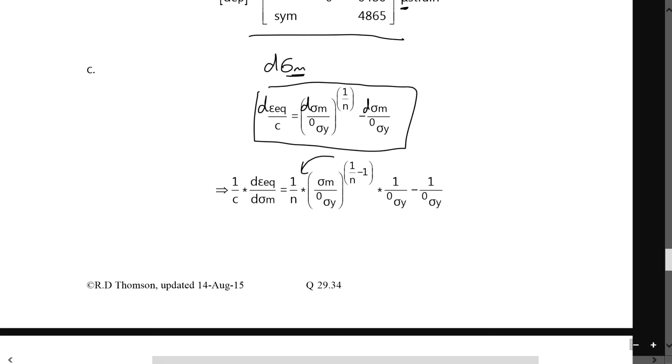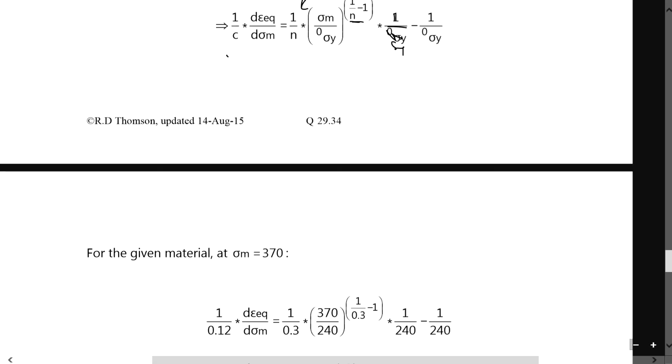If you differentiate one time, 1 over n stays over here and you get 1 over n minus 1. For the sigma m itself, if you differentiate, the constant you keep is 1 over your yield stress, and things like that. I think you already know what I mean. Quite straightforward. So this is the part where we last stopped, and then you just bring all the way up till here.